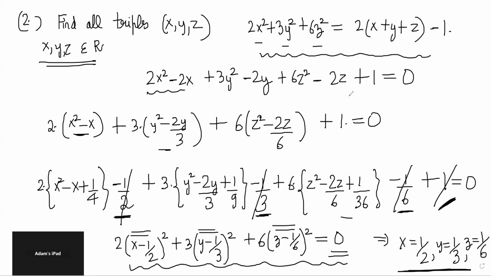Guessing the answer is good, but then you have to prove why no other answers are allowed. So the way to do the proof is this only. You have three variables in one equation. You have to do some trick like completing the squares.